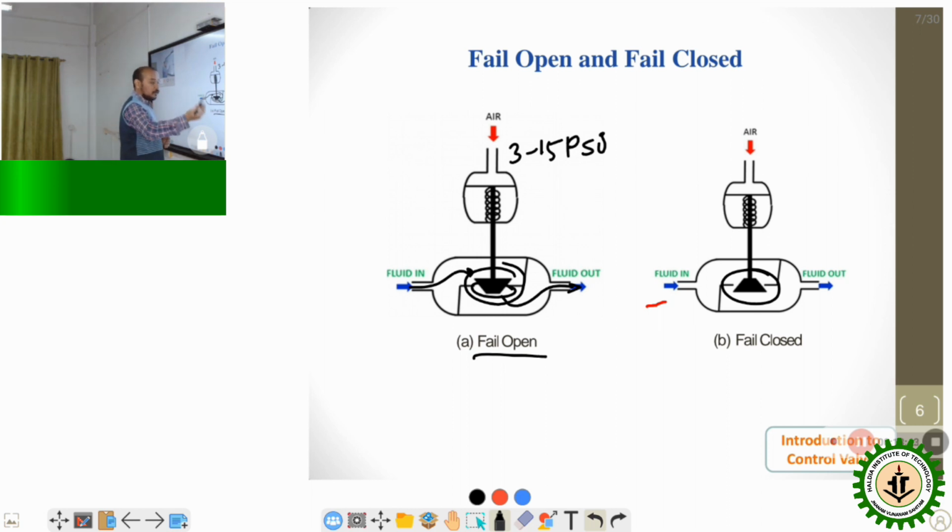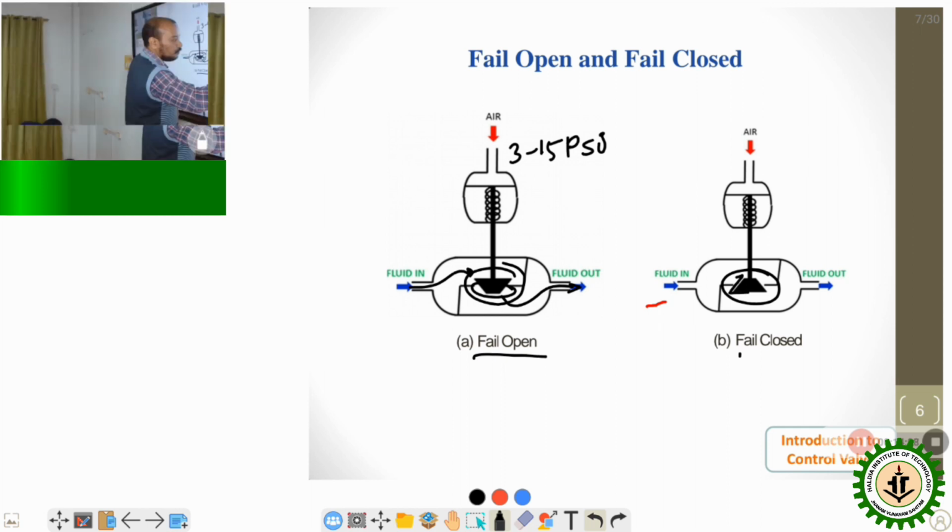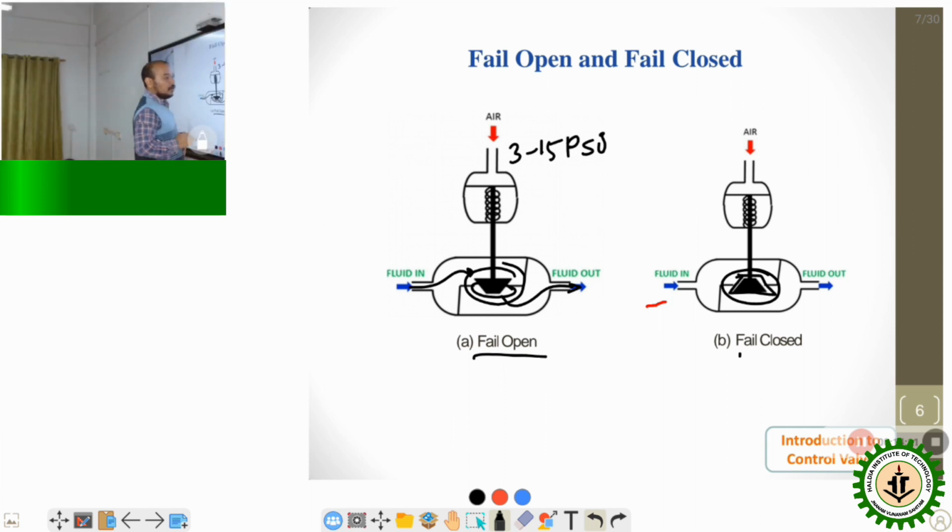Because we have not given any signal initially, it is known as fail open. That means if you are unable to provide the 3 to 15 psi pneumatic signal, it acts as an open control valve. Only by changing the orientation of the plug, initially when you are not giving any pressure, the restriction is given in the orifice area, and when you give some pressure, the plug gradually goes down and gives a path through which your liquid can pass.